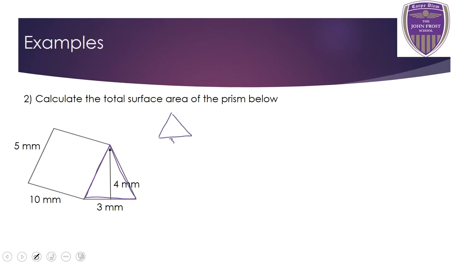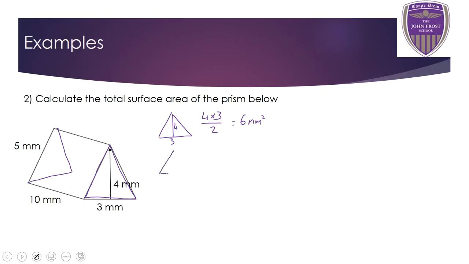We've got 3 millimeters at the base, and the height there is 4 millimeters. So remember to work this one out: 4 times 3 and divided by 2. So that's 12 divided by 2, that's 6, and in this case, millimeters squared. And again, if I draw in the lines at the back here, then we're going to have another one exactly the same at the back.